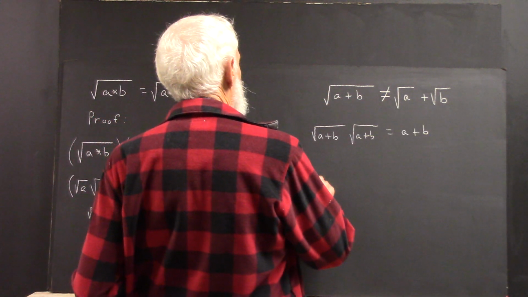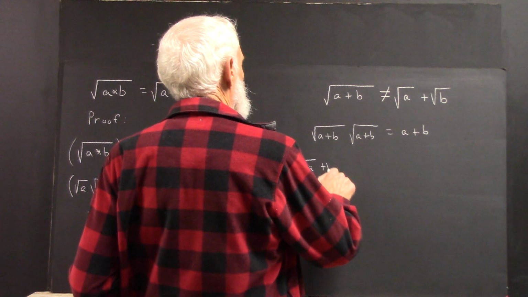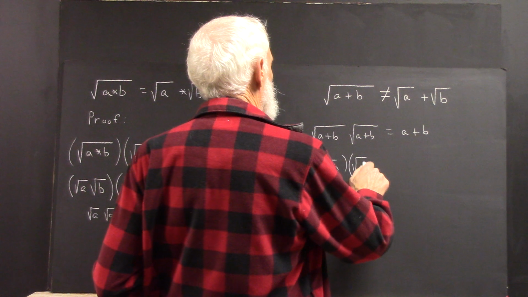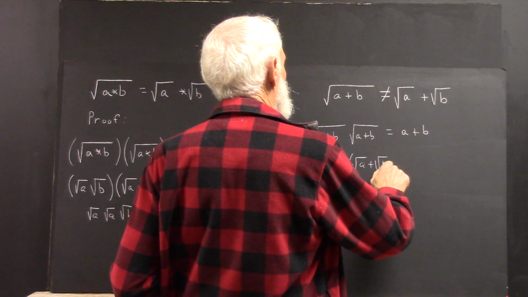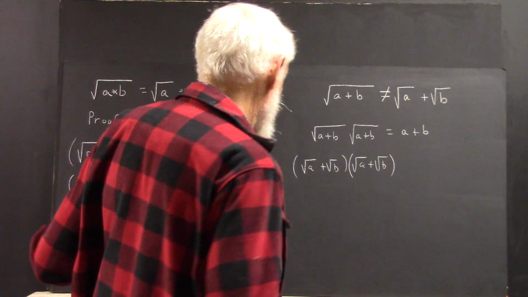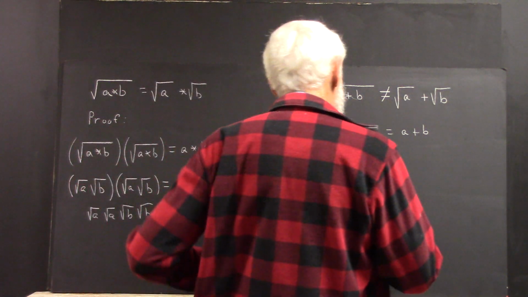If I multiply the square root of A plus the square root of B by the square root of A plus the square root of B, you might think that I would get A plus B, but I don't, because of the distributive law.